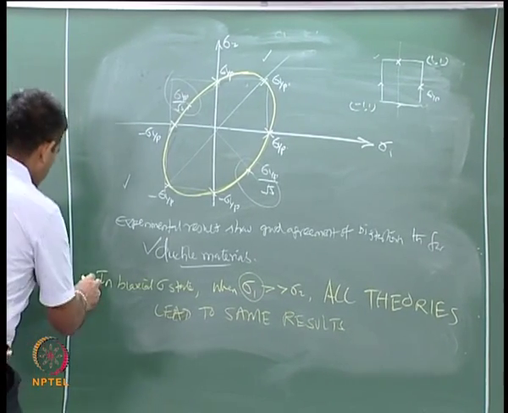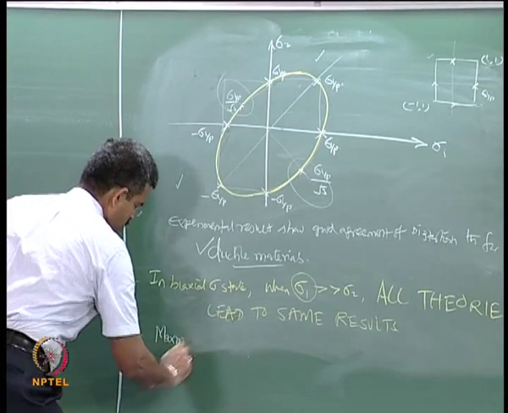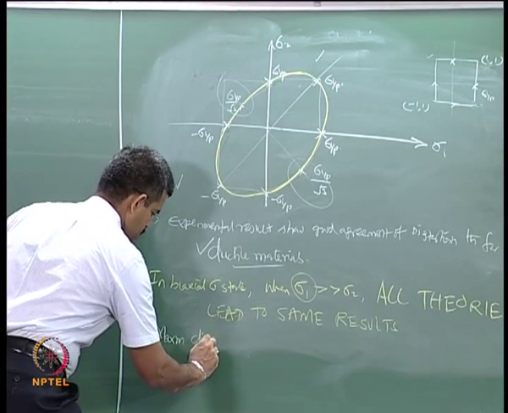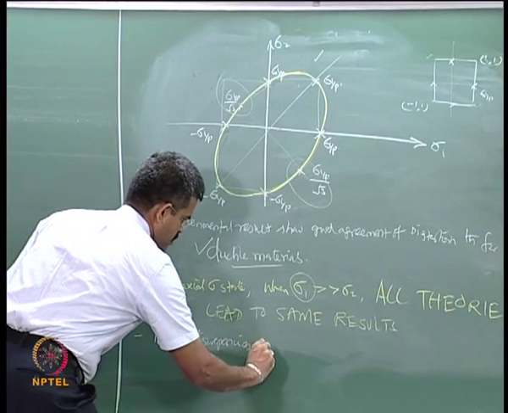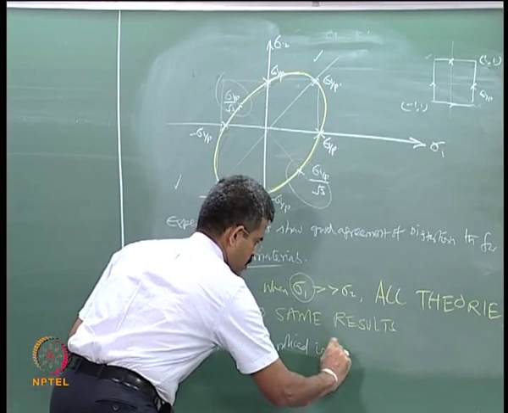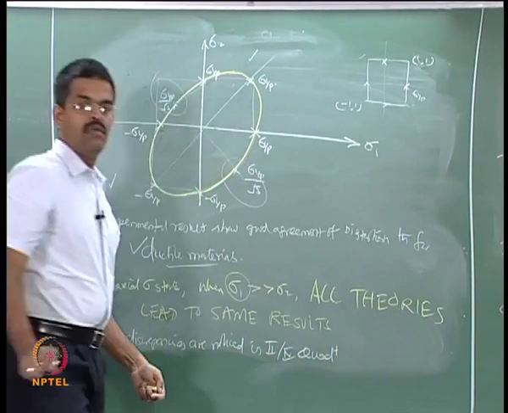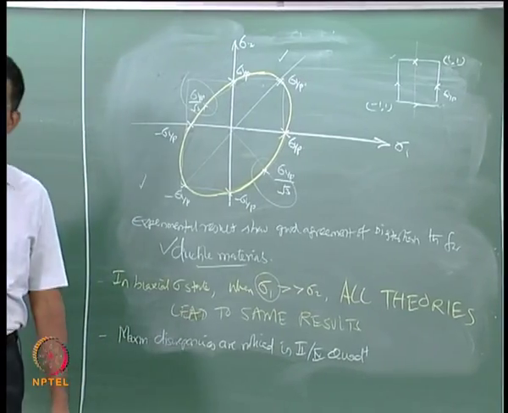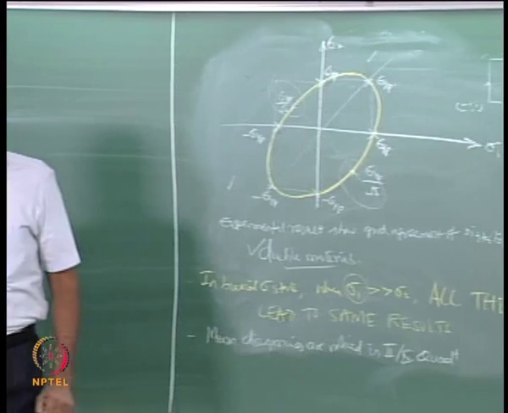The second observation we can make is maximum discrepancies are seen in second and fourth quadrants, that is when the stresses are unlike in nature, one is tension, one is compression.